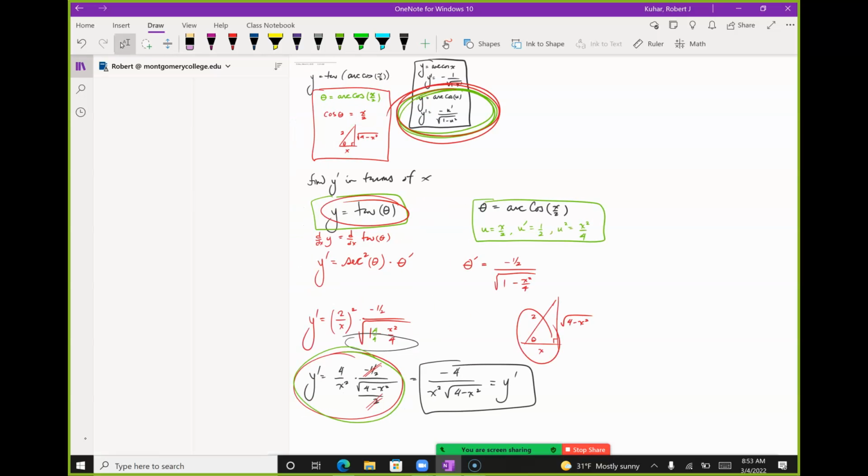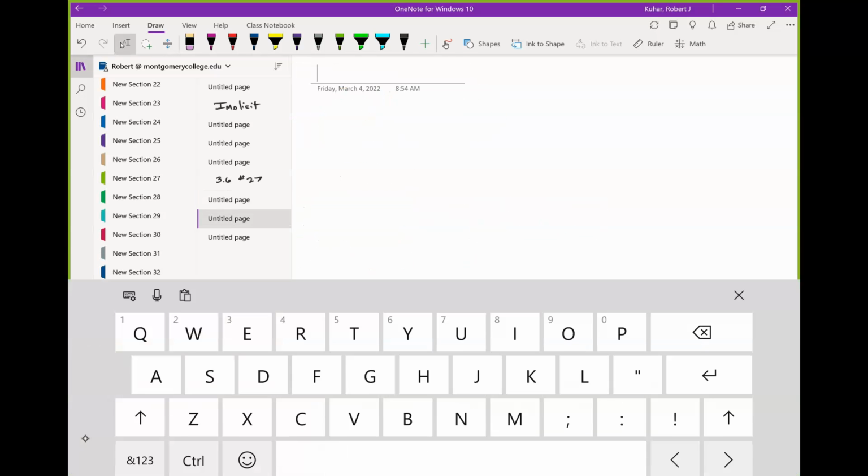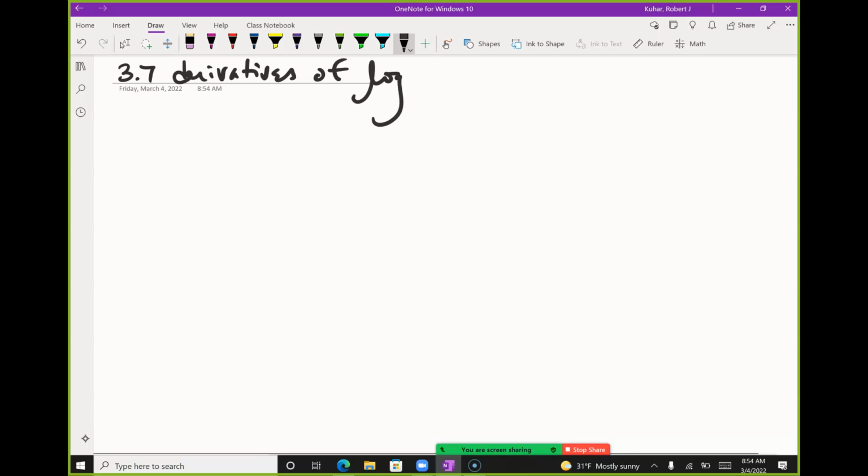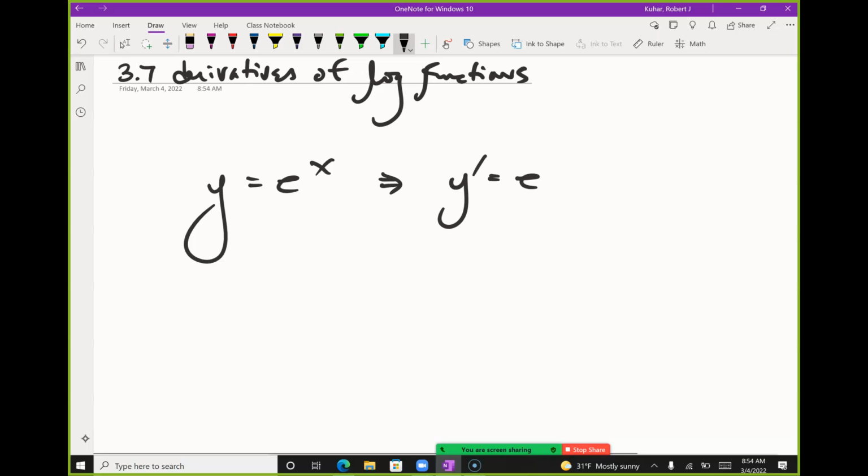So let's do our next section, our last section of chapter 3. And this is derivatives of log functions. So this is 3.7, derivatives of log functions. I never proved to you that if y equals e to the x, then y prime is e to the x.